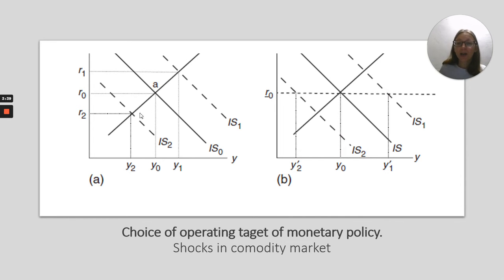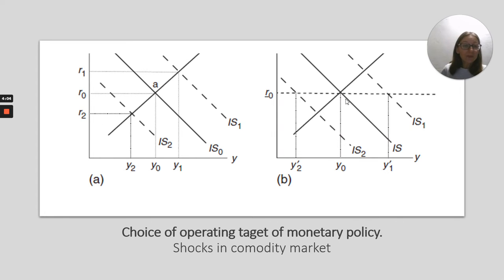In this case, the IS curve just simply shifts to the left, and we have a new equilibrium in the economy with R2 and Y2, where the interest rates are lower than they used to be before, and GDP is lower than it used to be before. So we have this slowdown in the economy with a decrease in interest rates as well.